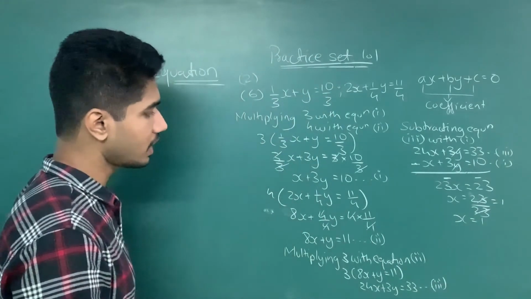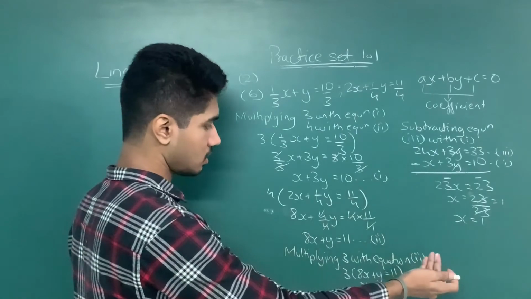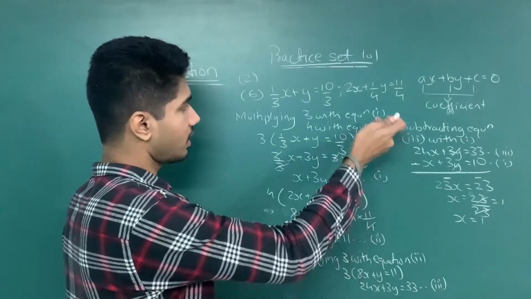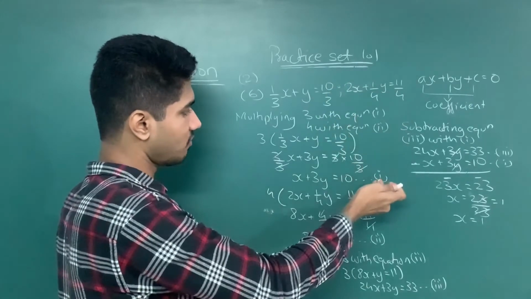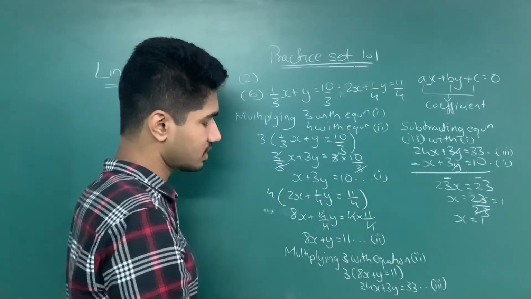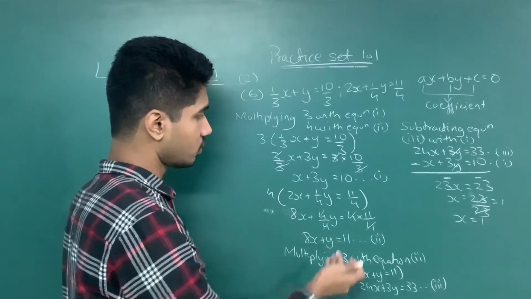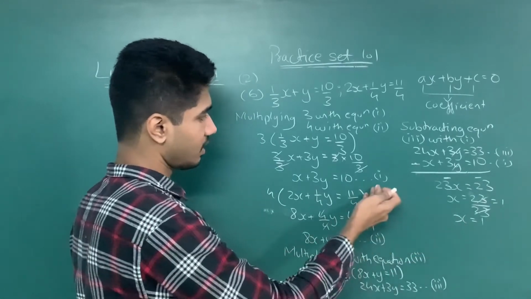Now you can substitute in any equation, that is first and second. Either way, if you want to substitute in your original equation also you can, but I find first and second are the simplest linear equations. So you can substitute the value of x in equation number 1.